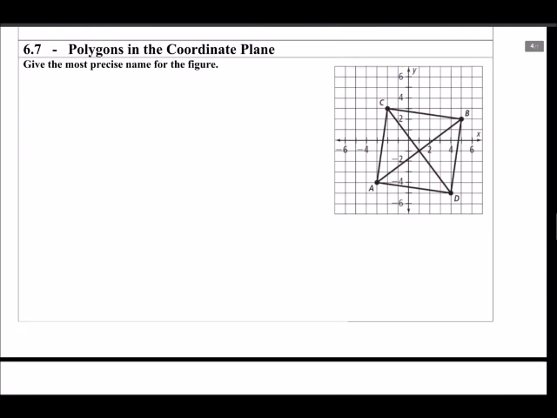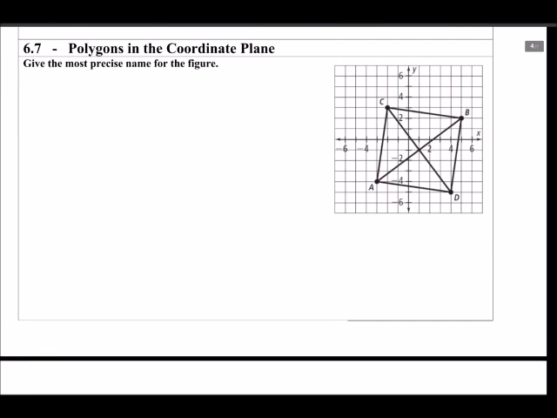All right, because we are on our last problem here. And give the most precise name for the figure. Well, the first thing I'm going to do is write the coordinates of my points here. Point A is at -3, -4. Point C, because it goes around, it doesn't go in order there, does it?